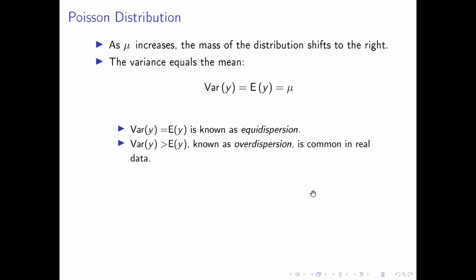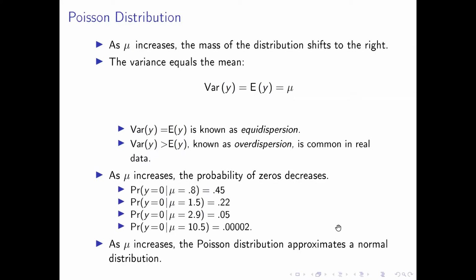In most cases, overdispersion is related to excessive zeros, that is, a lot of zero counts are simply observed. As mu increases, the probability of zero decreases, as illustrated in our last slide, and will be shown in some graphs that I'll show you.